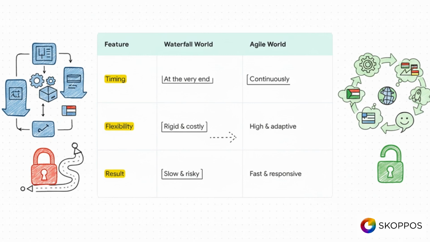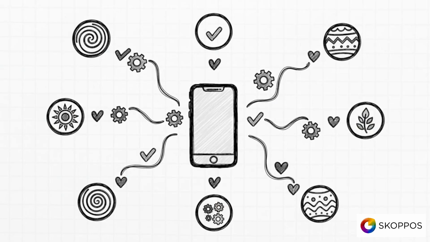But in an Agile world, localization happens continuously, inside every single little cycle. This means teams can get real feedback from different markets as they build, which makes the final product so much more responsive and way faster to update. That Agile philosophy? That's the reason your favorite apps can release updates so quickly, fix bugs for users in different countries, and roll out features that feel perfectly tailored to your language and your culture.